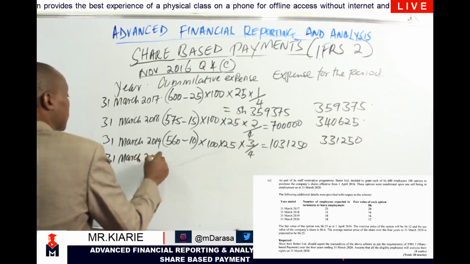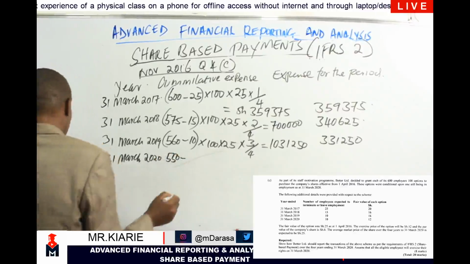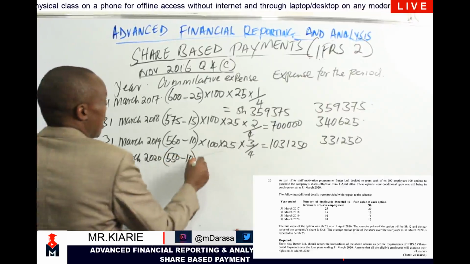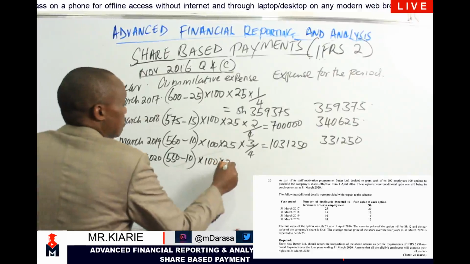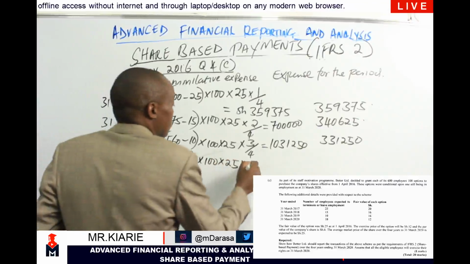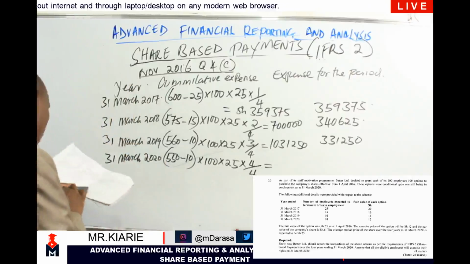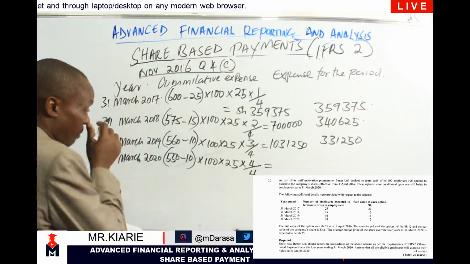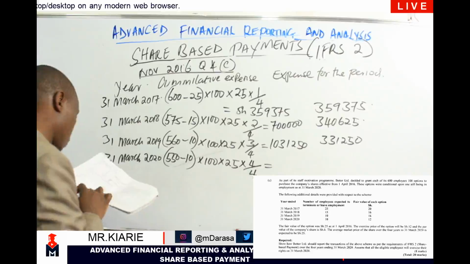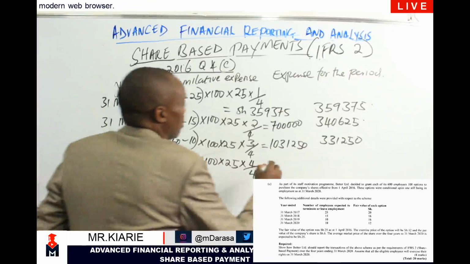I get to 31st March 2020. I had been left with 550 minus another 10 who are leaving in the 4th year, times 100 options, times 25, which is the price as at the grant date, times 4/4, or rather 1. So this is 550 minus 10, which is 540, times 100, times 25, it gives me 1,350,000.